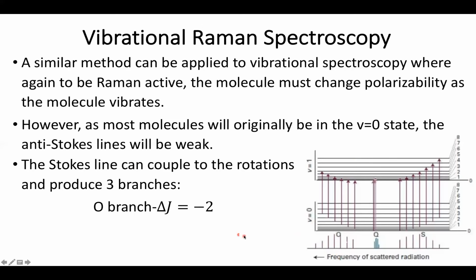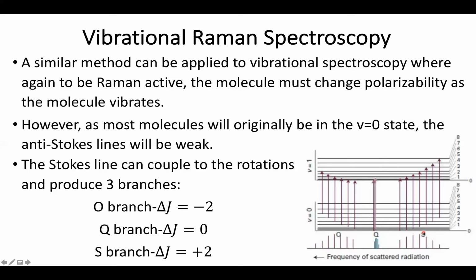These will all be higher in energy than my original Q branch, which represents essentially the same thing as our Rayleigh line. The Q branch exhibits no change in the rotational state, so all change occurs simply through the vibrational state. As a consequence, this tends to be the largest peak simply because it includes all possible J values. And then finally, we have the S branch.